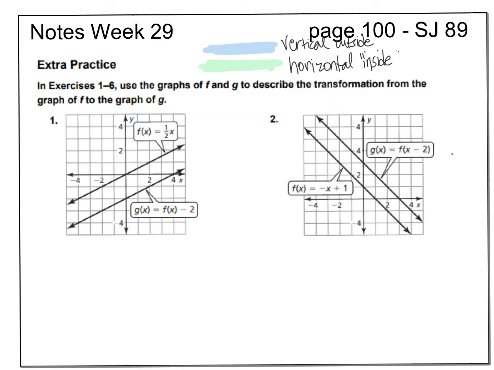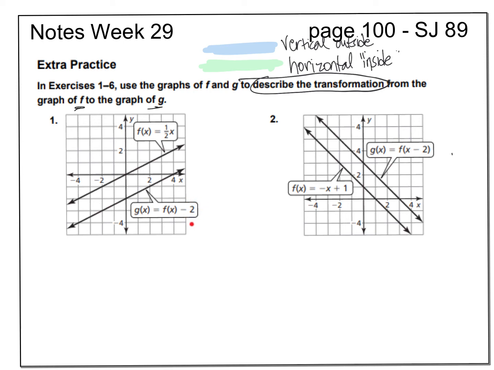Okay, here are some examples. Our instructions are to describe the transformation from f to g, so we're just going to use words. The first thing I want to do is look at the f function. So here's my original f function. Where is this minus 2 being put? Is it inside with x or on the outside?